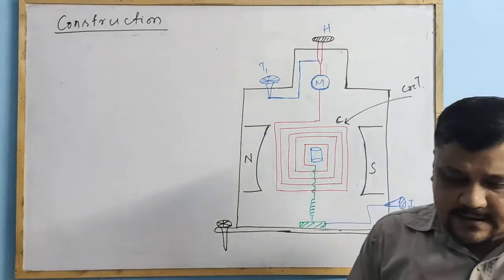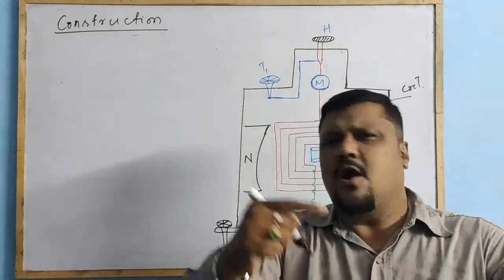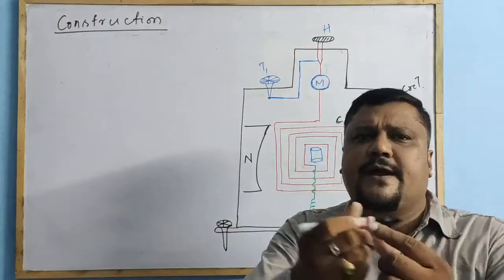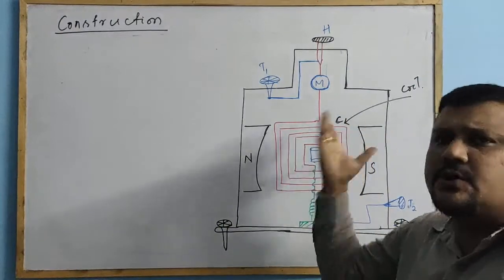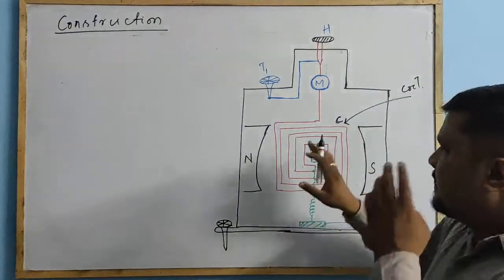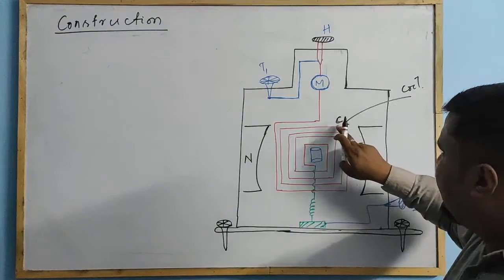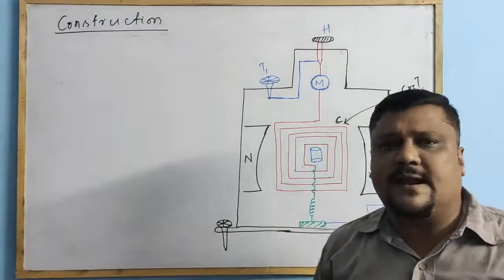The coil is wound on a non-metallic frame. I have drawn it in a rectangular shape; you can also take a circular coil. So it consists of a coil wound on a non-metallic frame.